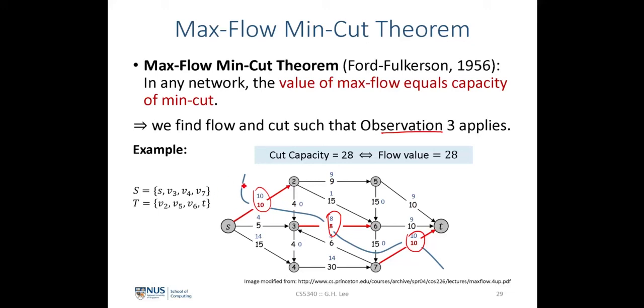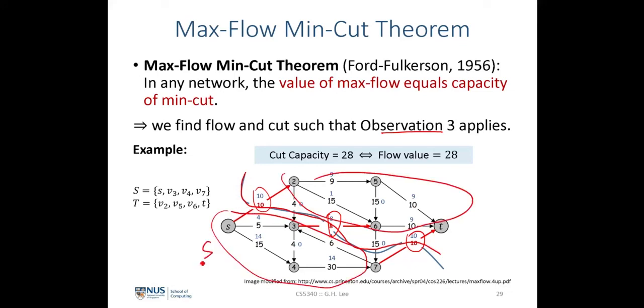By cutting across these edges, we are able to partition this graph into 2 disjoint sets S and T, where the set S contains the source and the set T contains the sink node. According to the Ford-Fulkerson theorem, this is equivalent to the minimum cut.